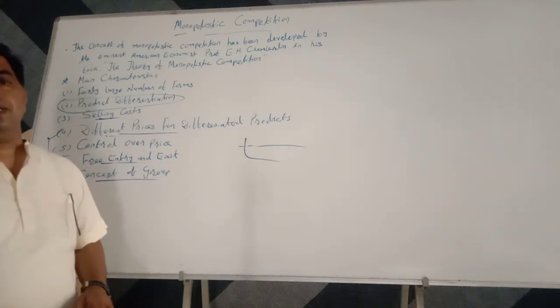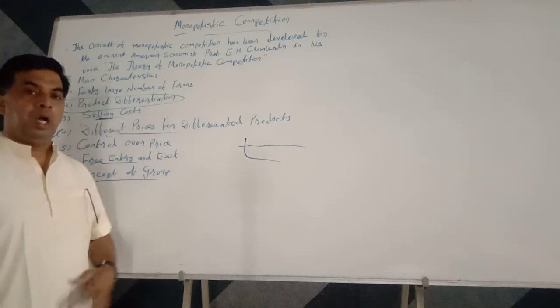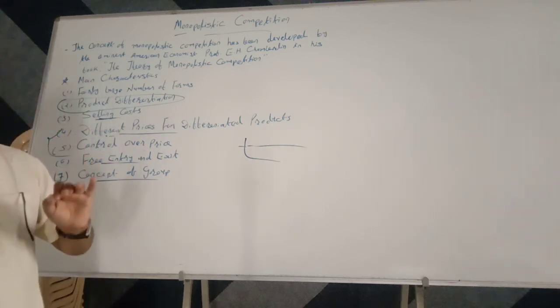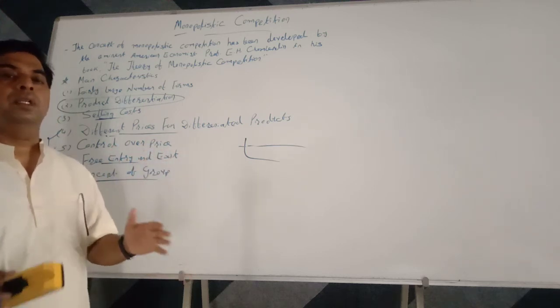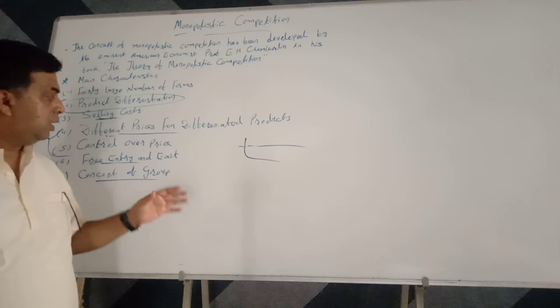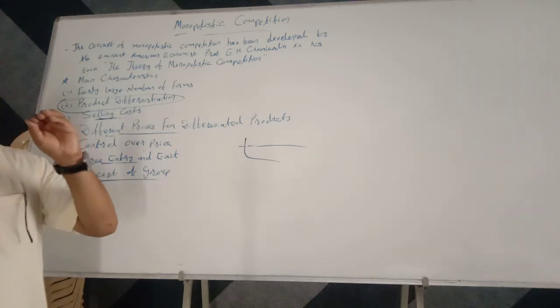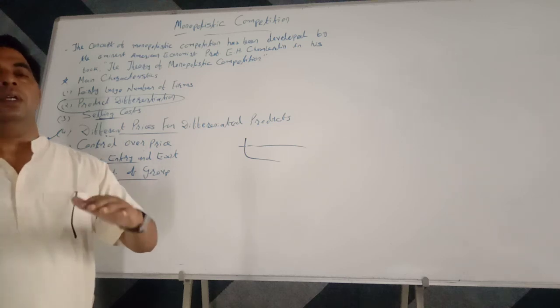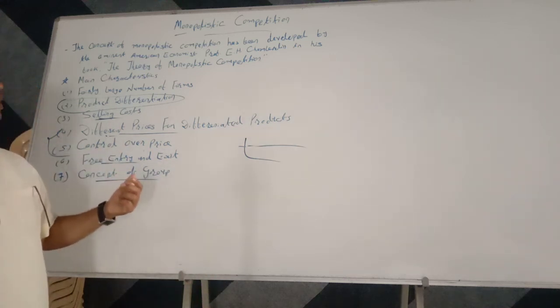Professor E.H. Chamberlin has used the word group instead of industry. According to him, industry means the group of firms producing homogeneous products, but here the group means the firms producing differentiated products. So he has used the word group instead of industry.